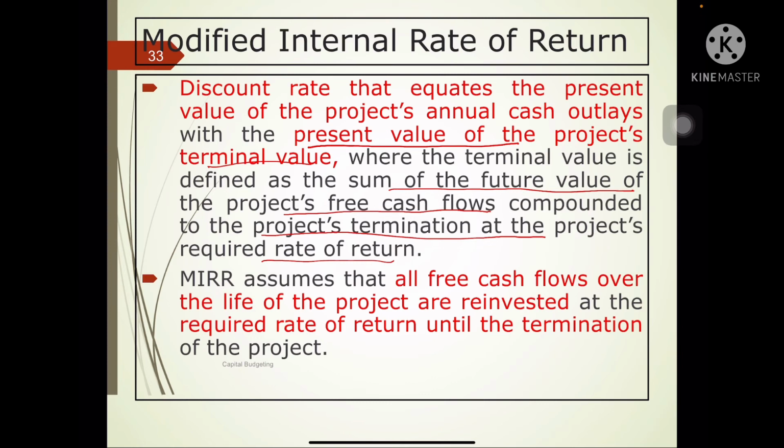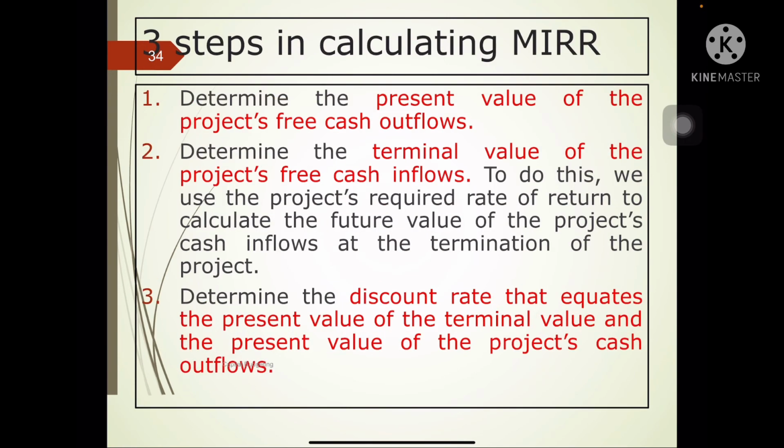So we are going to calculate the future value at the terminal date. MIRR assumes that all free cash flows over the life of the project are reinvested at the required rate of return until the termination of the project.